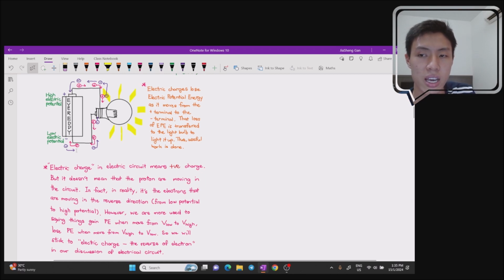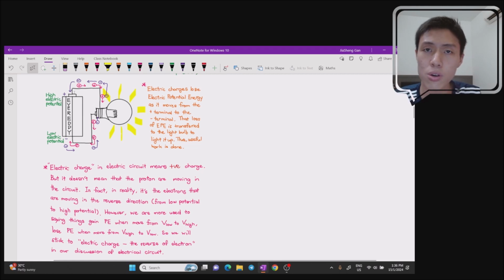The electrons carrying a lot of energy come out from the low electric potential region, pass through the light bulb, pass the energy to the light bulb, then exit the light bulb with little energy left. So the process of going from low to high actually loses energy for the electrons.